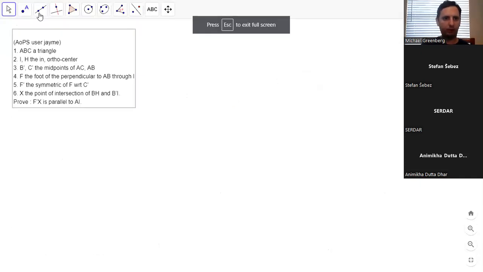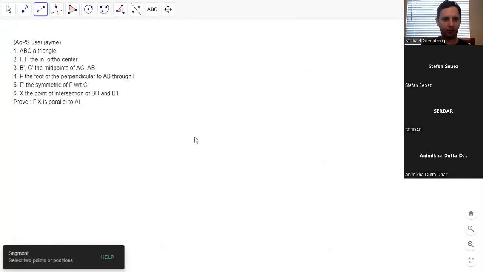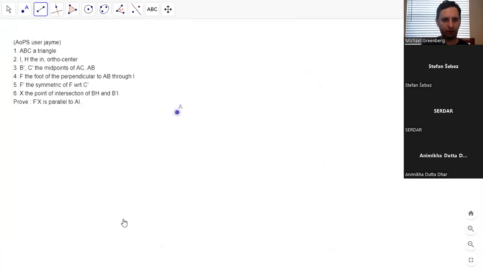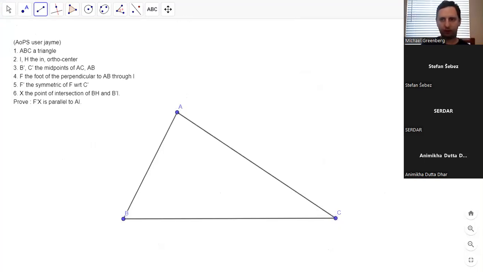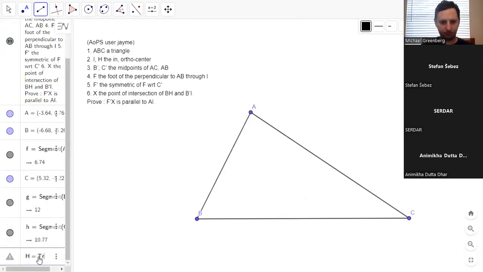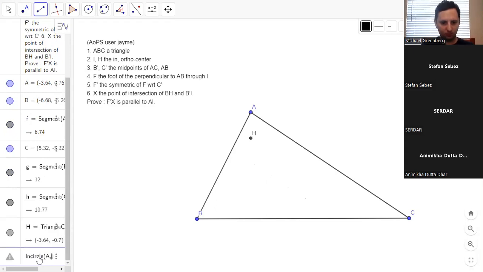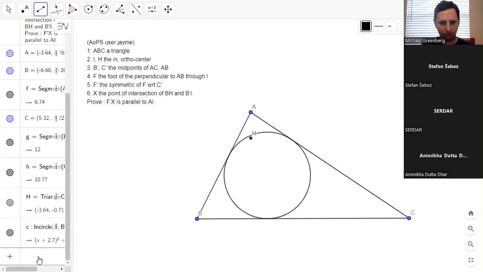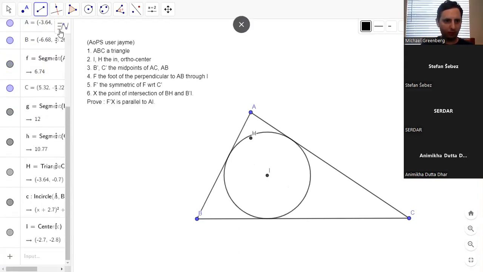Okay, so we have the triangle, we have the in-center and the orthocenter, and then we have the midpoints of AC and AB. So let me draw the in-circle and the orthocenter. Okay, let's close this.